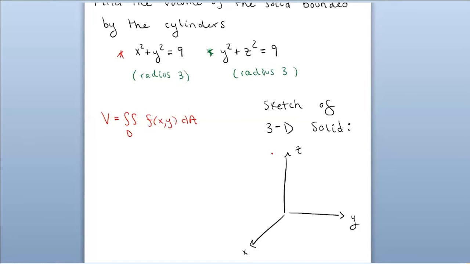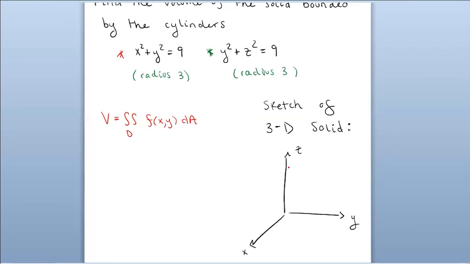At some point in your class, I would think you would have talked about sketching quadric surfaces and cylinders. So we'll have to tap into that information, but we can make it pretty easy. So let's look at the red one first. My radius of my cylinder is 3. First, let's just pretend I'm in the XY plane only.